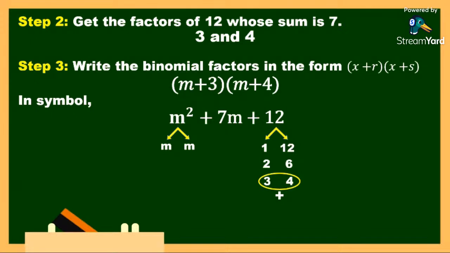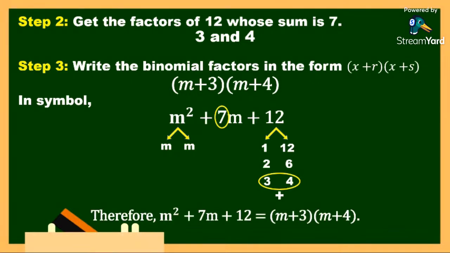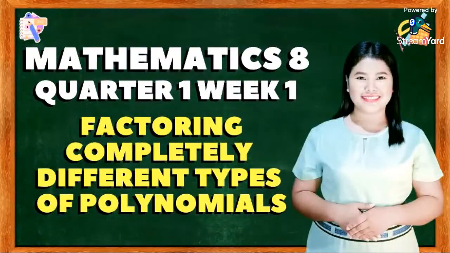Kasi i-add lang natin 3 plus 4 is equal to 7. And that 7 is the numerical coefficient of the middle term dito sa ating given na trinomial. So, therefore, m squared plus 7m plus 12 is equal to the quantity of m plus 3 times the quantity of m plus 4.